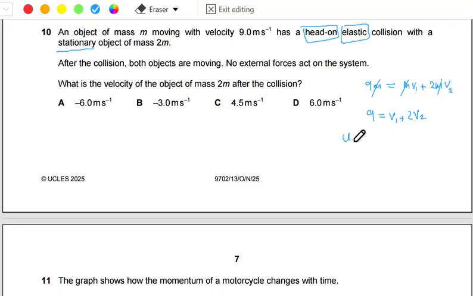So we have u1 minus u2 equals v2 minus v1. You can return back to your syllabus and try to follow the mathematical derivation for this relation, and please leave a comment if you don't find it.